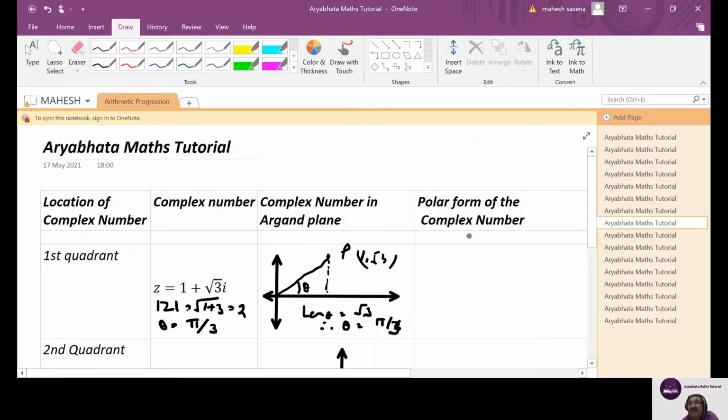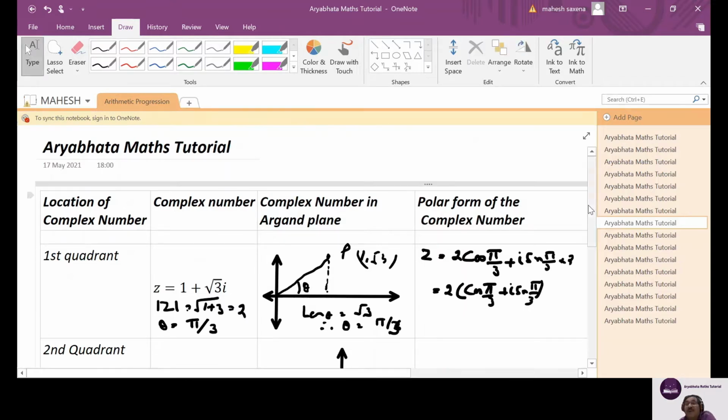Therefore, its polar form is z equal to 2 cos pi by 3 plus i sin pi by 3, taking 2 common.